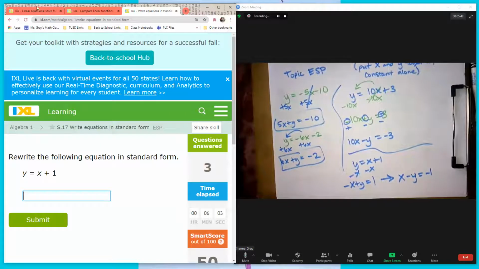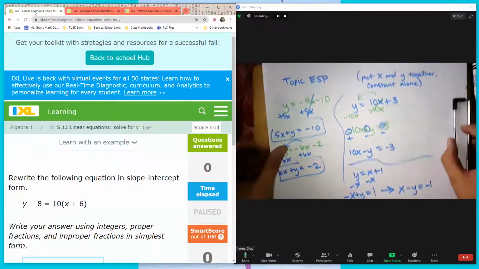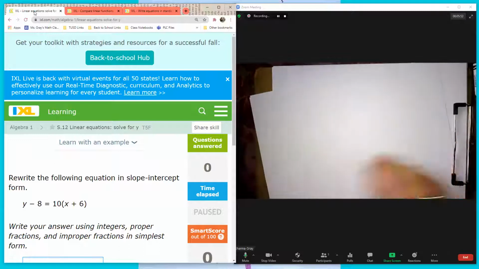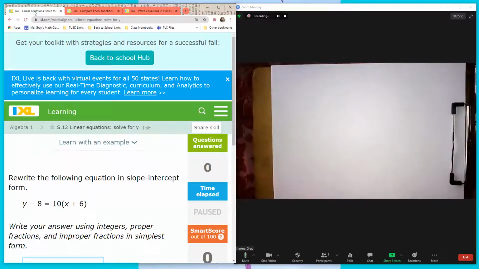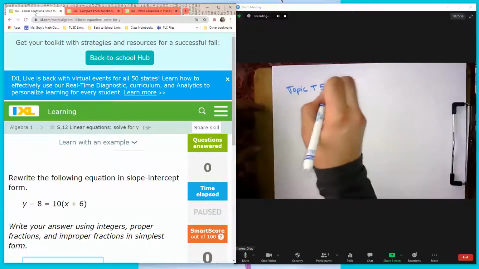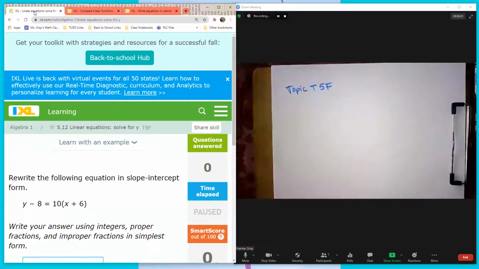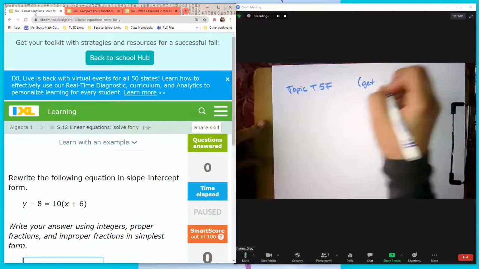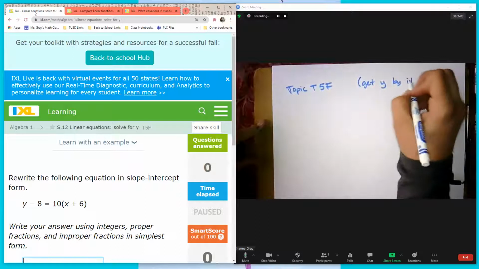Okay, so now if we move on to switching into slope-intercept form, this is a little bit more challenging. My goal is to get y by itself.